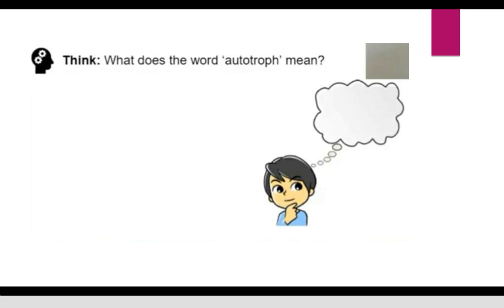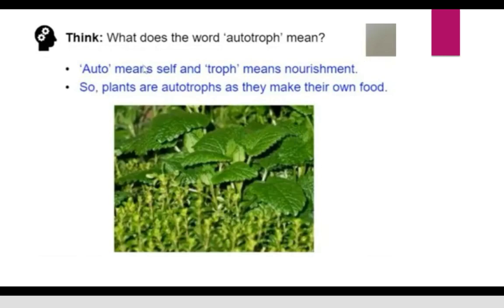What does autotroph mean? Auto means self, to make something with your own help. And troph means nourishment or food. So plants are autotrophs as they can make their own food with the help of a process called photosynthesis.